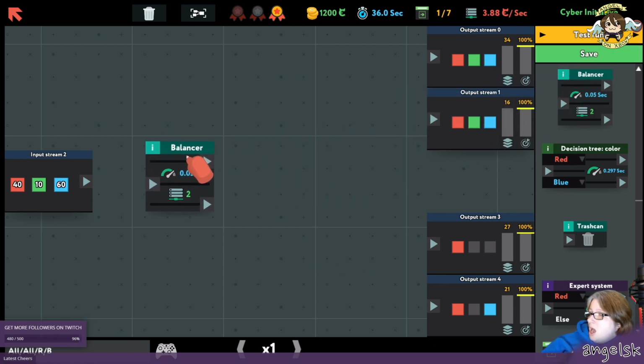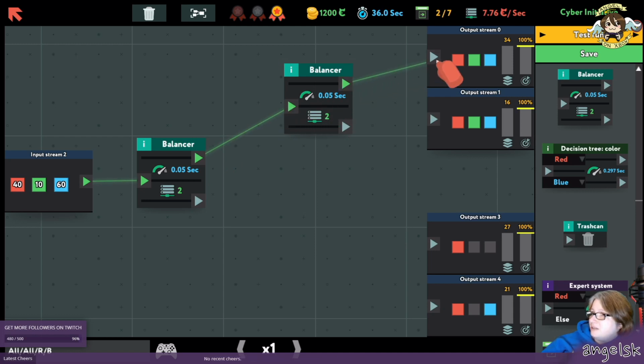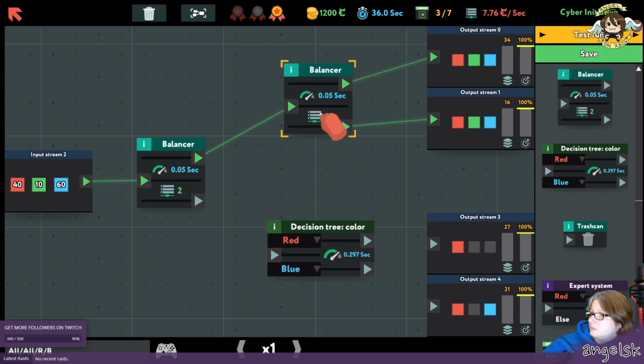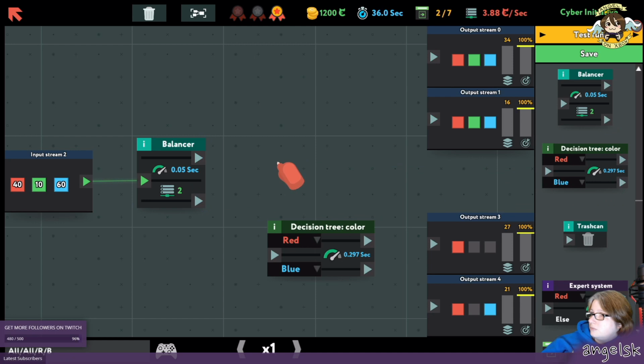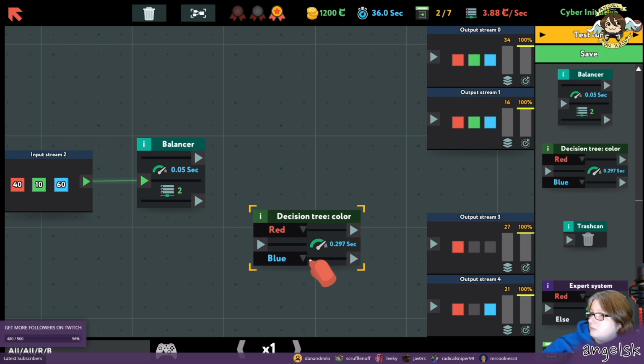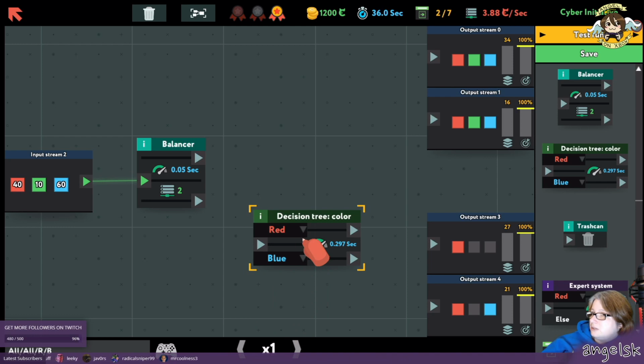Right, we can do 7 nodes. We need to split. I'd say we need to split again, but I think this is going to send way too much to the top. There's barely any greens.